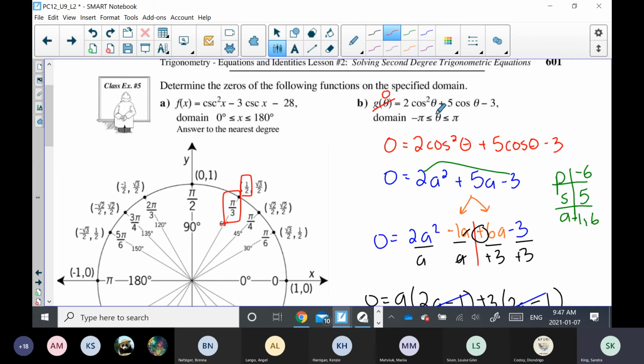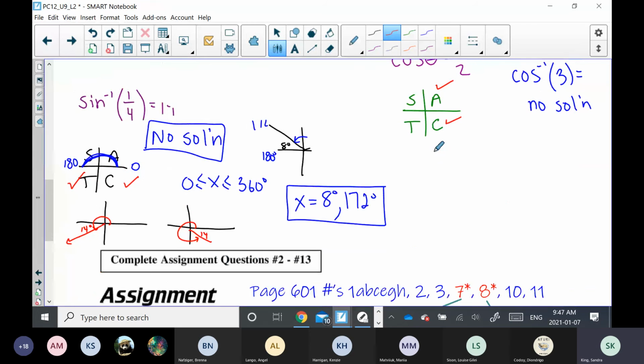Here's this domain restriction that they give us, -pi to pi. So I'm just going to write that down and I'm going to show you how you separate this. If you see something like this, it's very difficult to visualize this in your head without separating this. How we separate this is we rewrite this into what's called the positive and the negative domain.